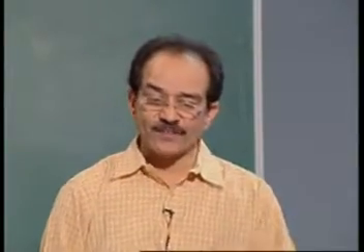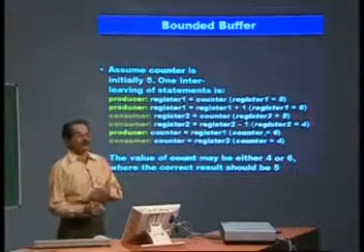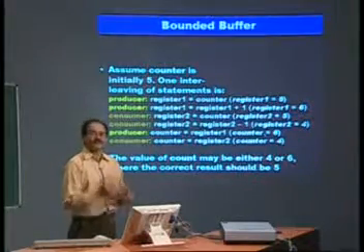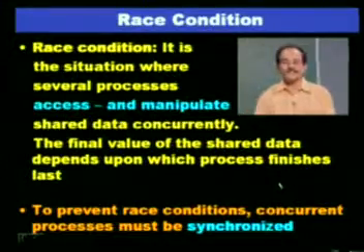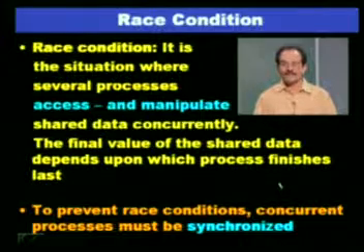This is what we call the problem of atomicity. I may have some operations which I would like to have as a single operation, but this may lead us to some sort of problems. Now, this is what we also call a race condition. A race condition is when both processes are trying to update a variable.